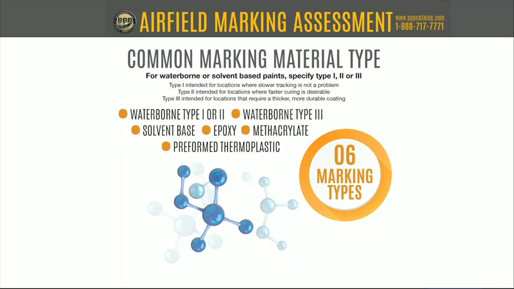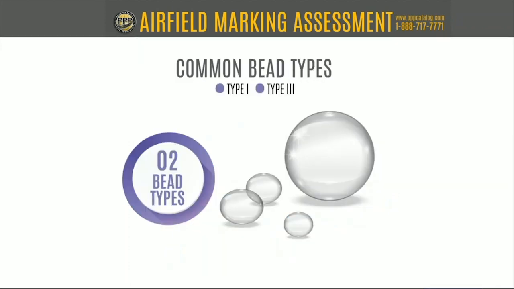Okay, the next topic is beads. So the most common bead types, and you see here we have type 1 and type 3, which are the most common beads at this time being used in the airfield. So a couple notes I have on this is type 1 beads are most often made of a cullet or crushed glass, recycled glass, vehicle windshields, that type of thing, and they crush all that, and then they make these beads out of it.